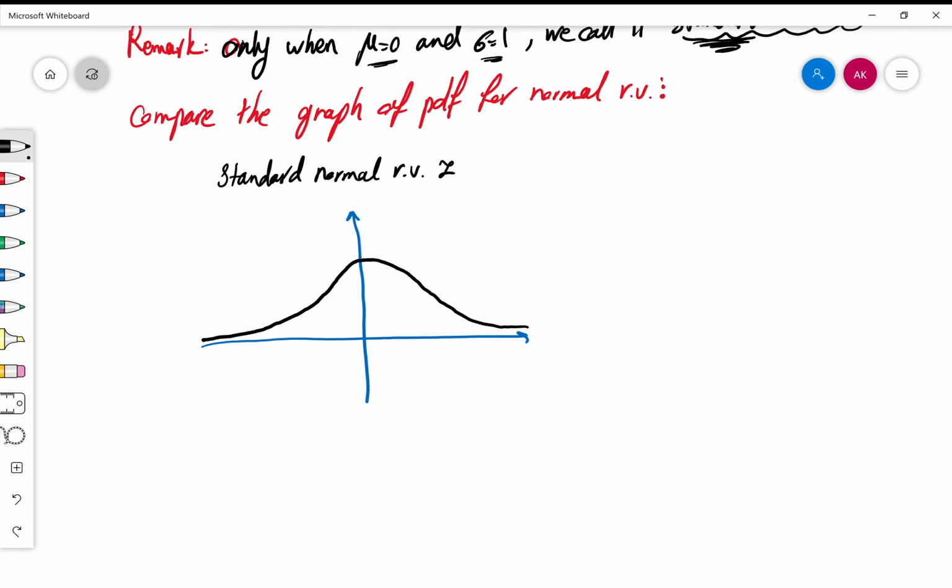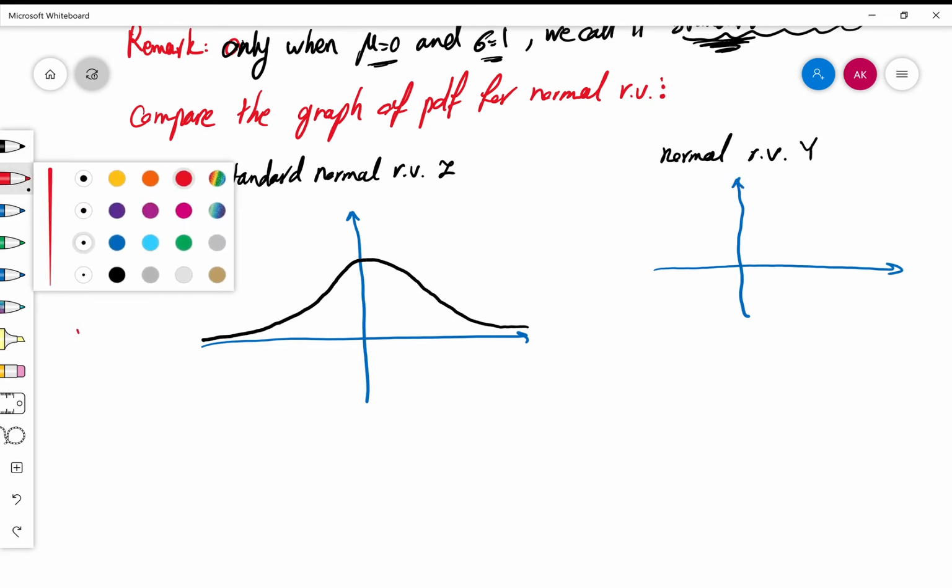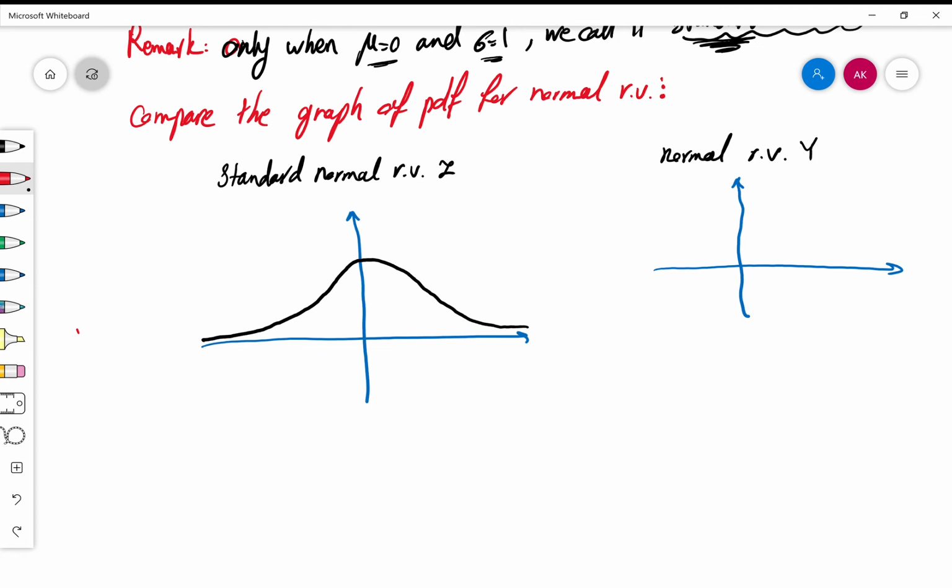Now, in general, for a normal random variable Y, what happens is that when you have a different mu, whatever the mu is, the symmetry of the graph will be at that point.